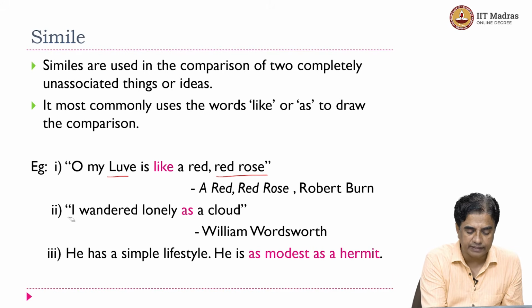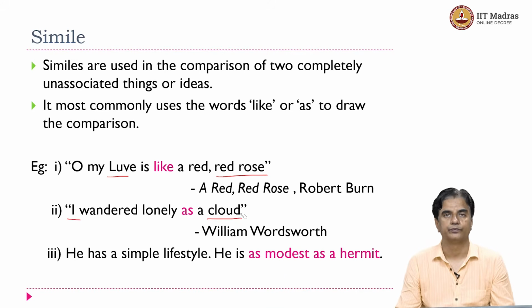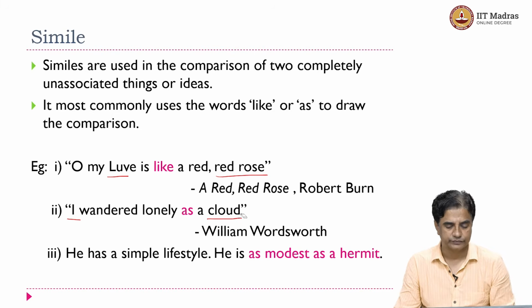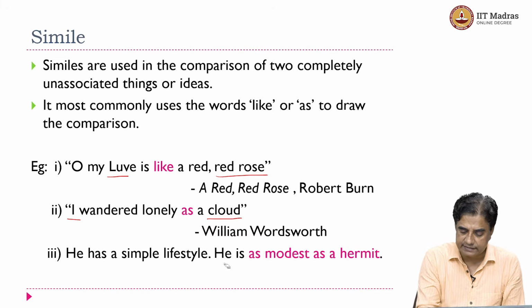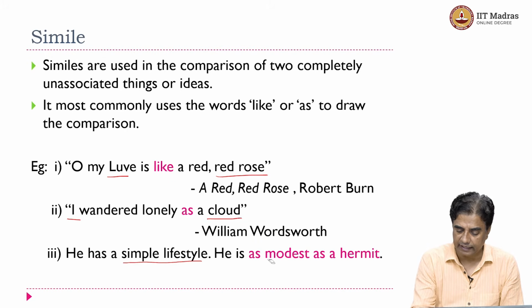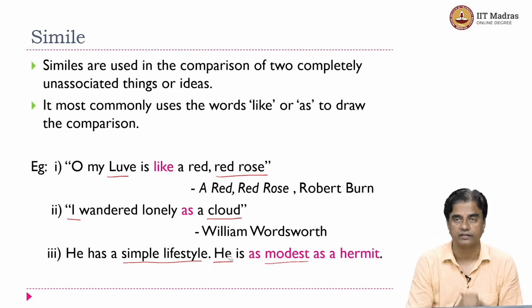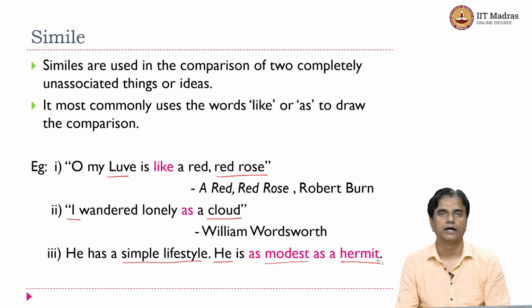In the second one, we are comparing I with a cloud, or presenting I as a cloud. And in the third one, because of the simple lifestyle, the modesty of this individual is compared with that of a hermit.